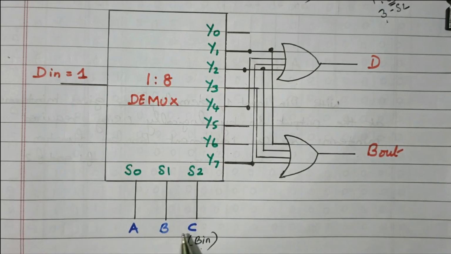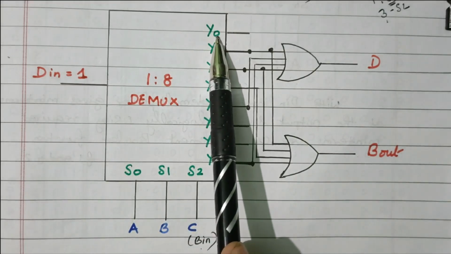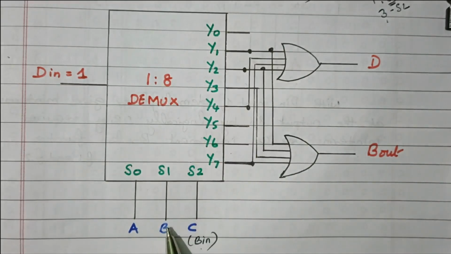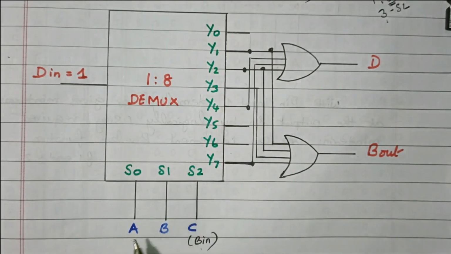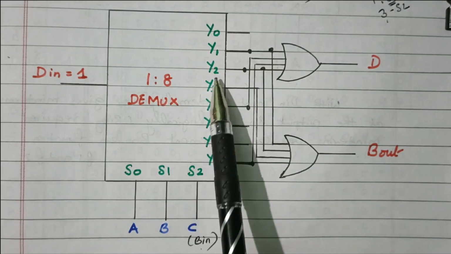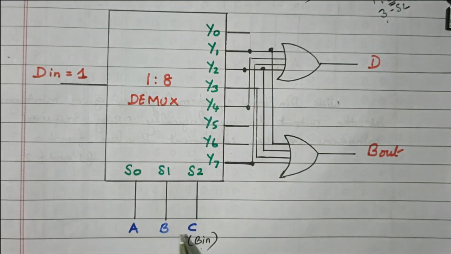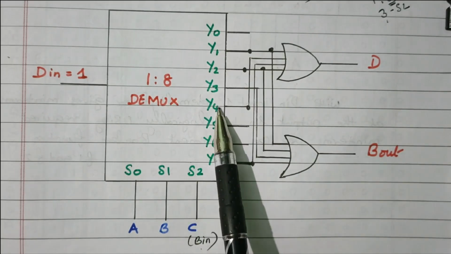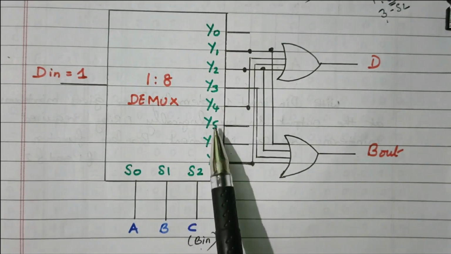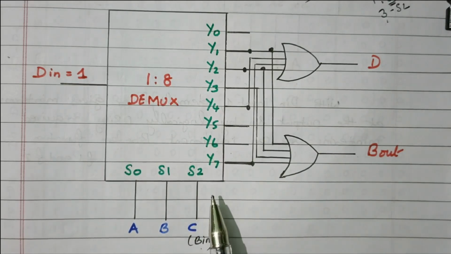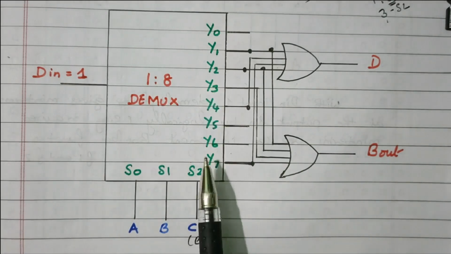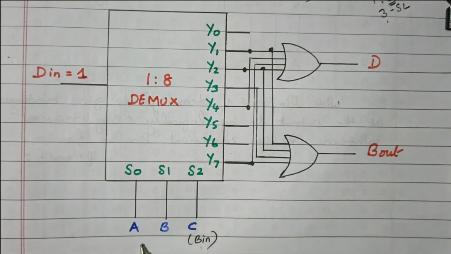So 0, 0, 0 means we'll get Y0 as output. 0, 0, 1 means Y1 as output, and the other outputs are 0. 0, 1, 0 means Y2. 0, 1, 1 means Y3. Similarly, 1, 0, 0 means Y4. 1, 0, 1 means Y5. 1, 1, 0 means Y6. 1, 1, 1 means Y7. According to the input, we'll get that output. That is available in our truth table also.